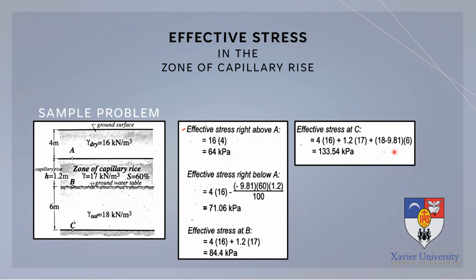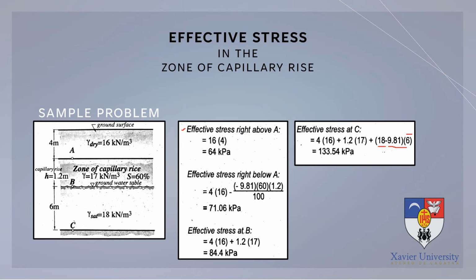So the pore water pressure in here is actually this one, 9.81 times 6. And the stress caused by the layer, equal to the height of 6 meters, is actually 18 times 6 also.